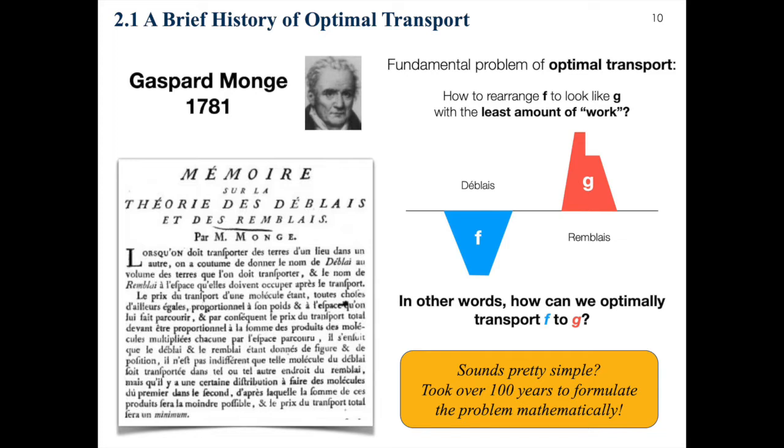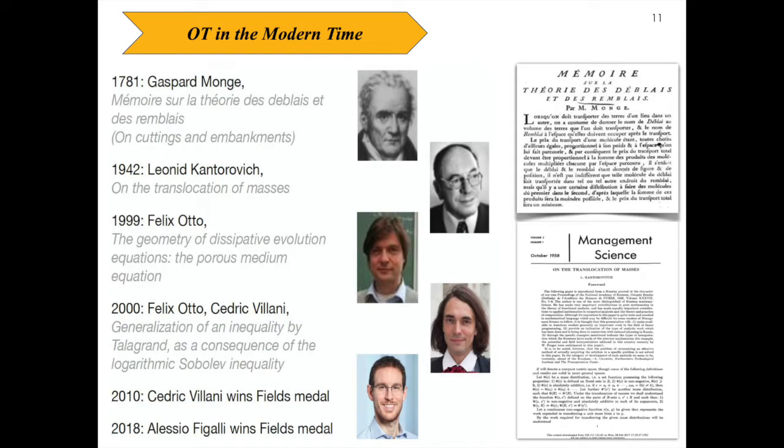So very surprisingly, such a simple sounding question turned out to be very hard and took well over 100 years to be formulated in a mathematically rigorous way. It was not until the mid-20th century when the Soviet mathematician Kantorovich, this guy here, gave the problem a precise formulation and really kickstarted the whole field.